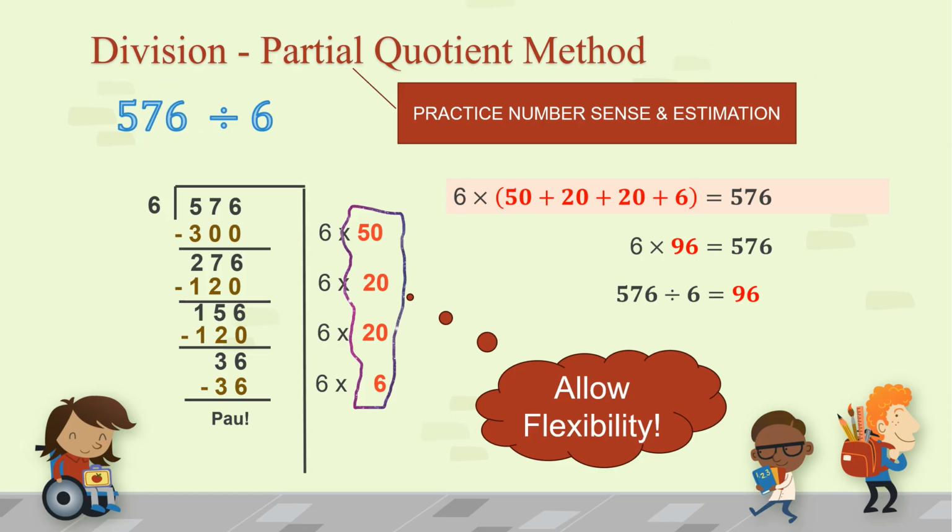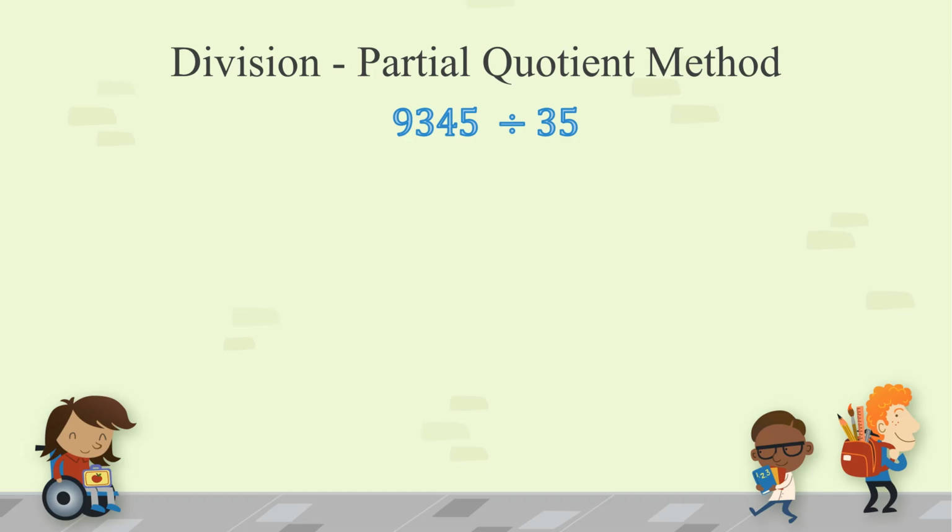Does it work with bigger numbers? How does it work with bigger numbers? Let's take a look. 9,345 divided by 35. Again, we're looking at 35 times what will give me 9,345.